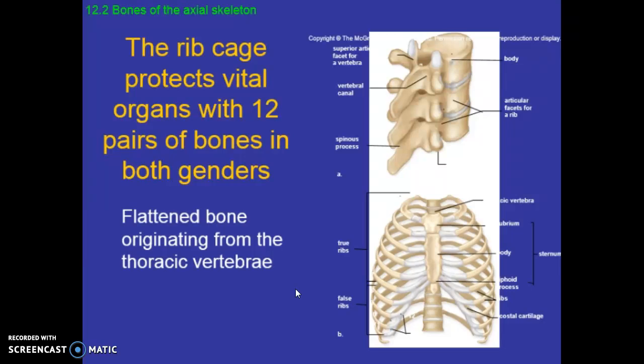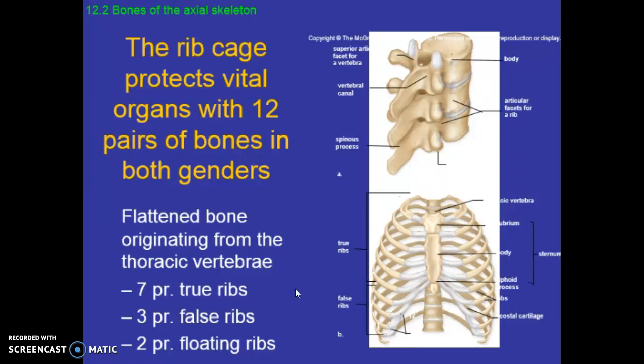The ribs are flattened bones that originate from the thoracic vertebrae. There are 7 pairs of true ribs, which are at the top, 3 pairs of false ribs, and 2 pairs of floating ribs. The floating ribs don't actually attach at the front, what you see up here. One's here, and then one's here.